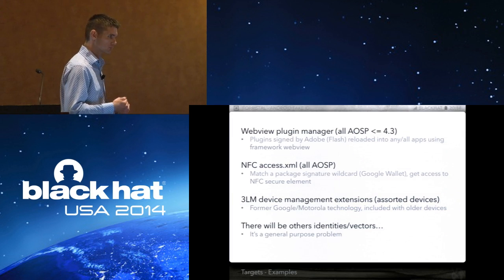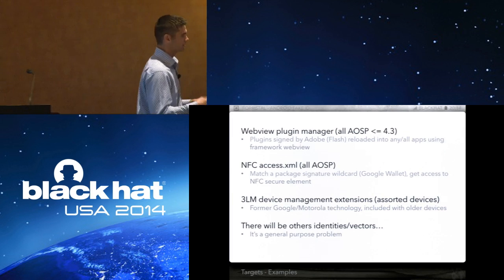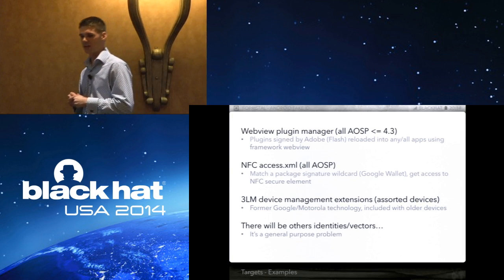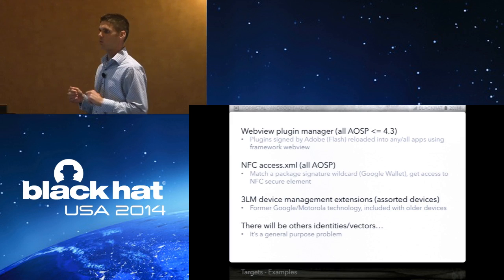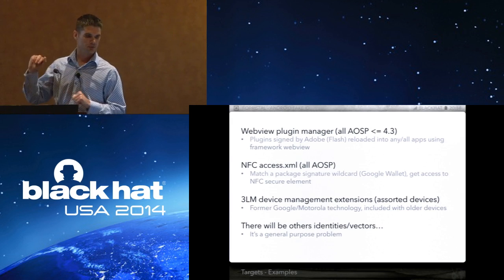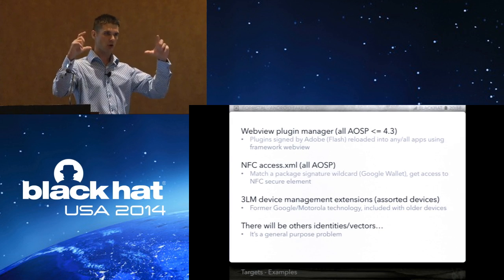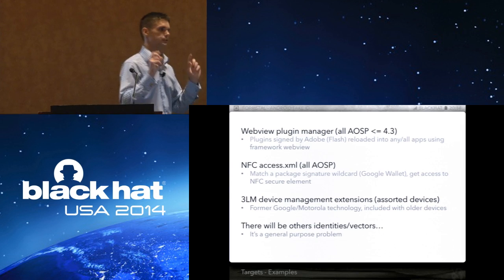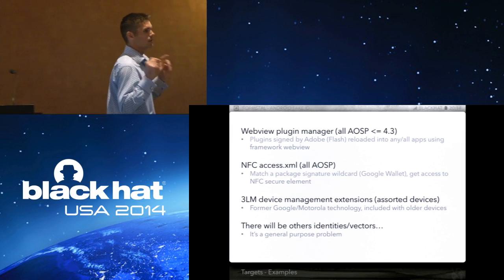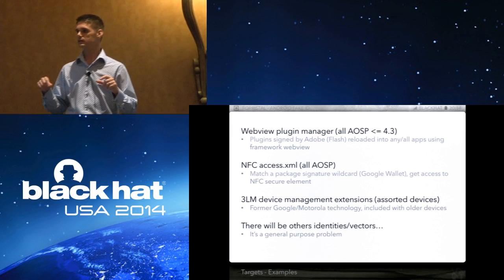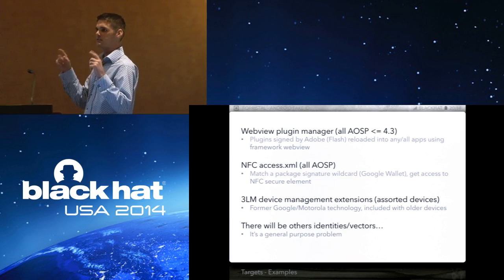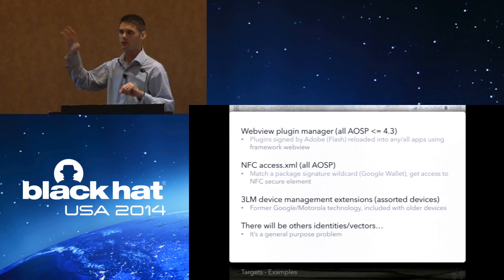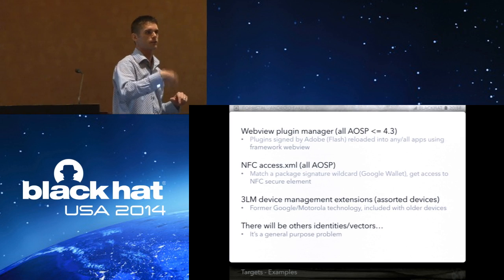So we found a couple of really compelling, really unfortunate places where these things can be pretty damaging. One of them, the widest one, is in the WebKit WebView plugin. Like I was saying with that previous code, Adobe's certificate is hard-coded in Android prior to KitKat so that Adobe can ship a Flash plugin to an Android device and get special privileges for the Flash plugin to leave the sandbox and be shoved into every other app, so all the other apps can use the Flash plugin as part of their web view.